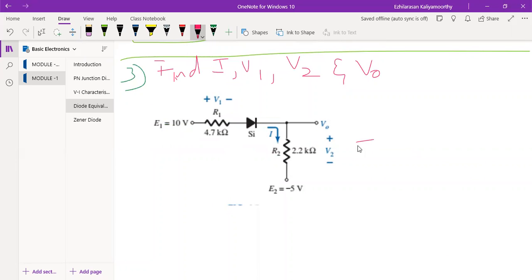See, this equivalent circuit, if you are not understanding, first you draw the equivalent circuit. It's very simple. This will be your 10 volt, okay? This will be your 10 volt. Next, the resistance, then the diode.